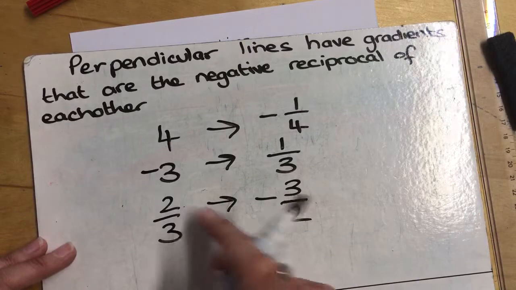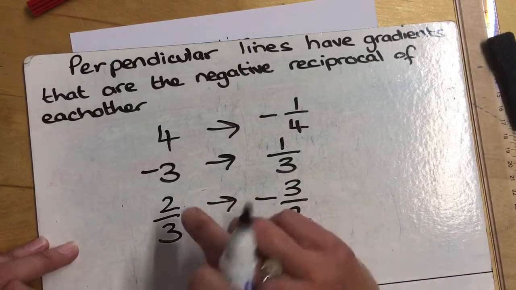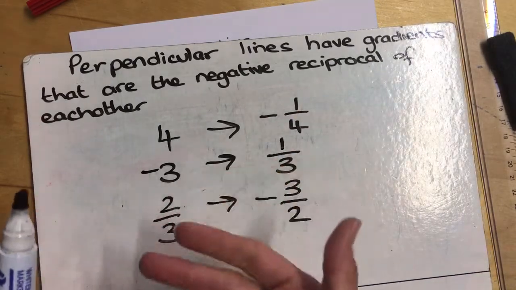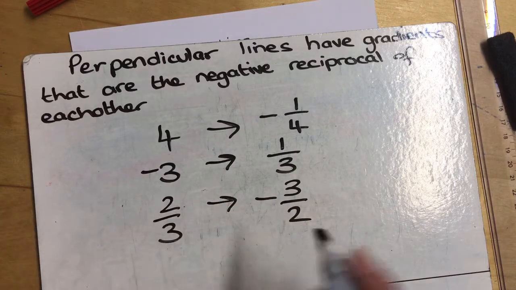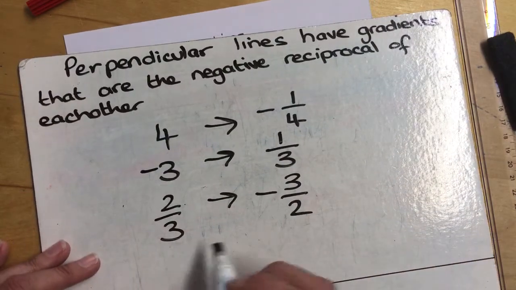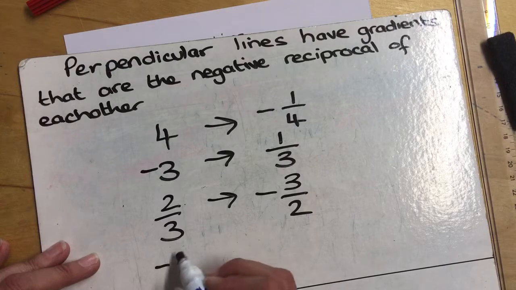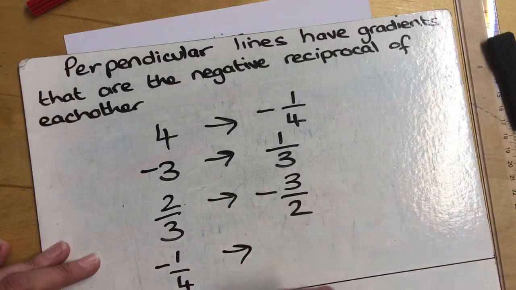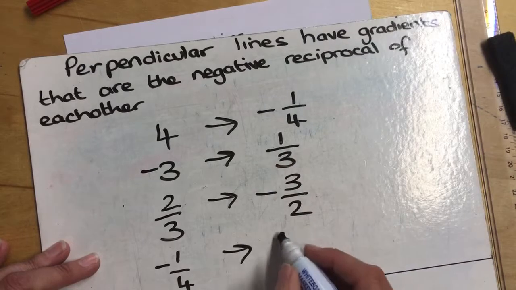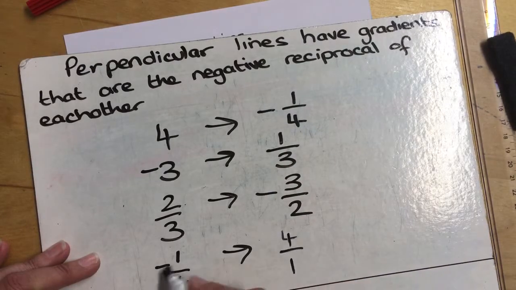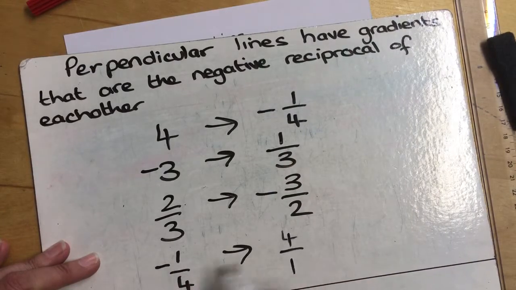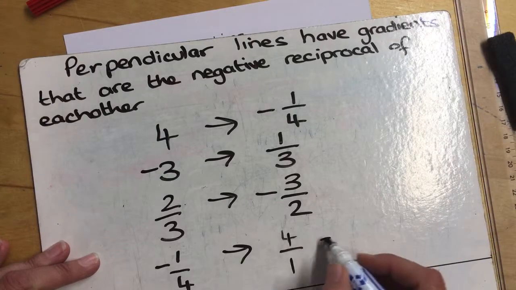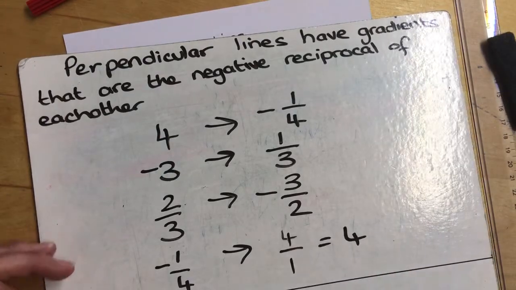So they're actually quite easy to do, because you're basically just flipping them upside down. Similarly, if you start off with something like 1/4, then it flips upside down to be 4 over 1. Remember, negative reciprocal, so the sign changes, and 4 over 1 is just 4.